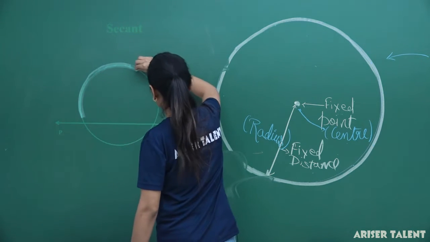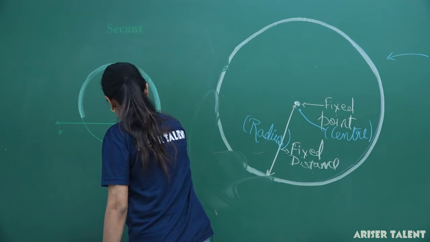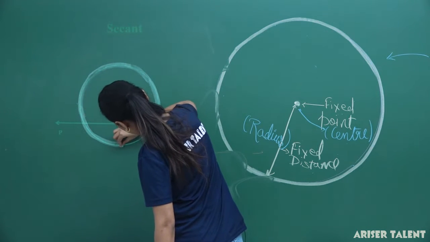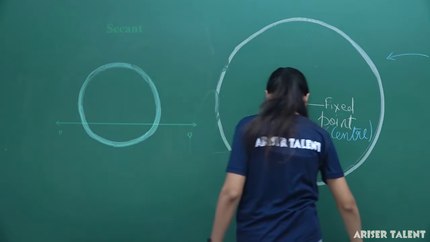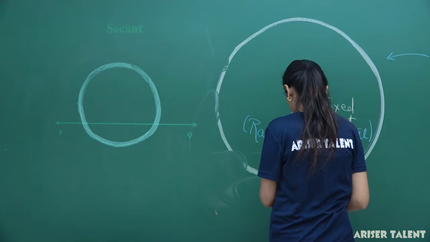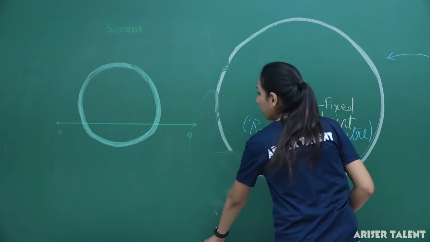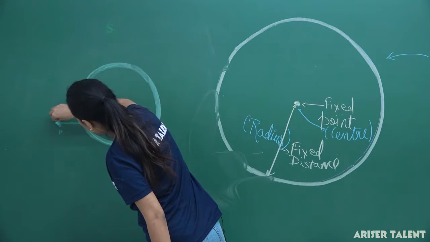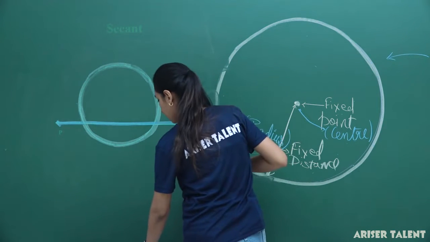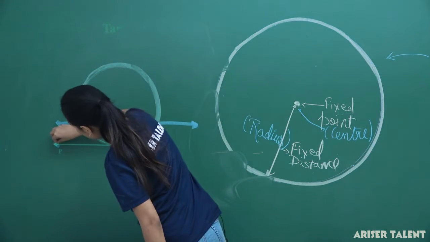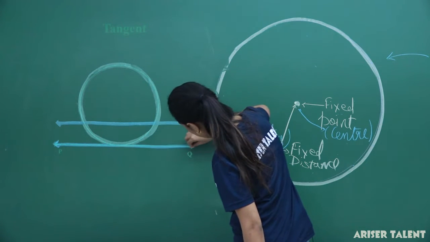If this is the circle, you have two cases here. One case is shown in this picture, and the second case was shown in the previous picture like this.